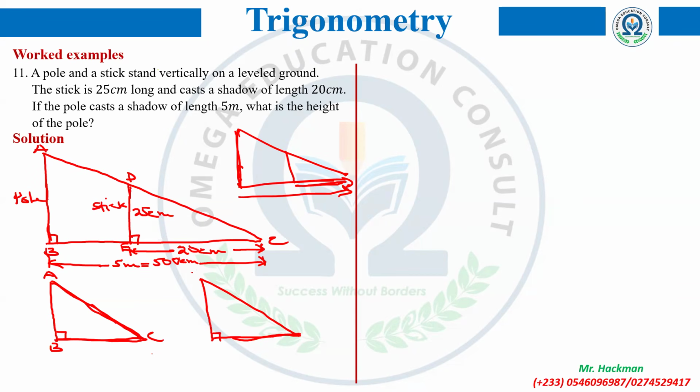Sir, please, I wanted to ask a question. Okay, go ahead. Sir, is it possible to solve the question without a diagram? Oh no, you always have to draw because we give marks for the diagram.